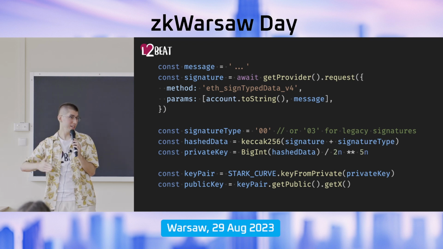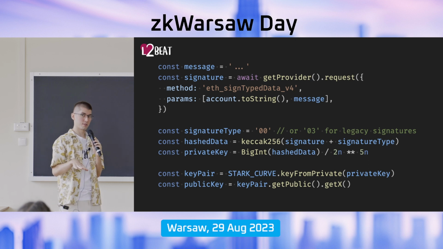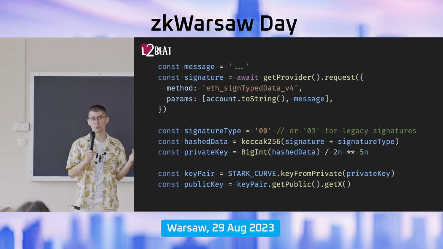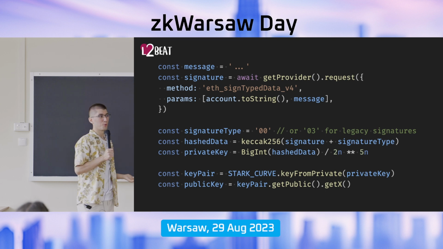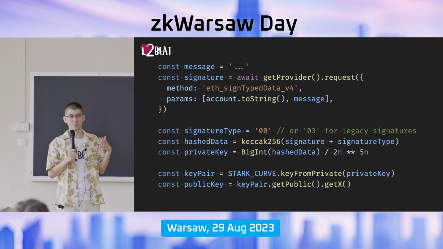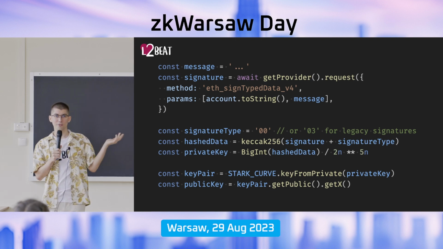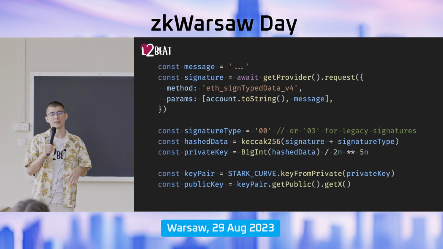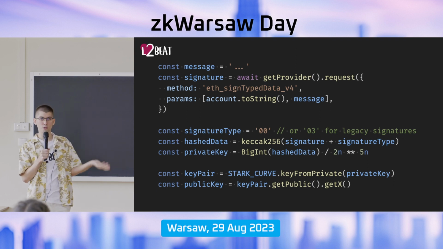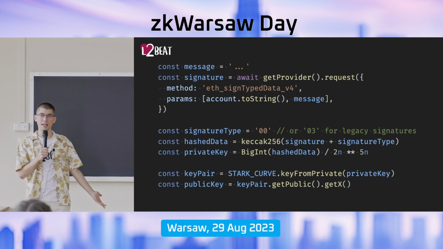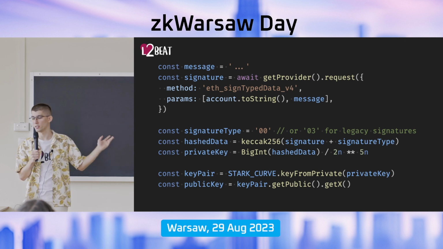I have really no idea why they thought this was a good idea, but of course, each StarkEx now has to figure out what is the next byte to put there. And they put whatever they want there. So for example, for DYDX, for the last byte of this extended signature, they put 00 in the new version of DYDX and 03 for legacy signatures that use a different message.